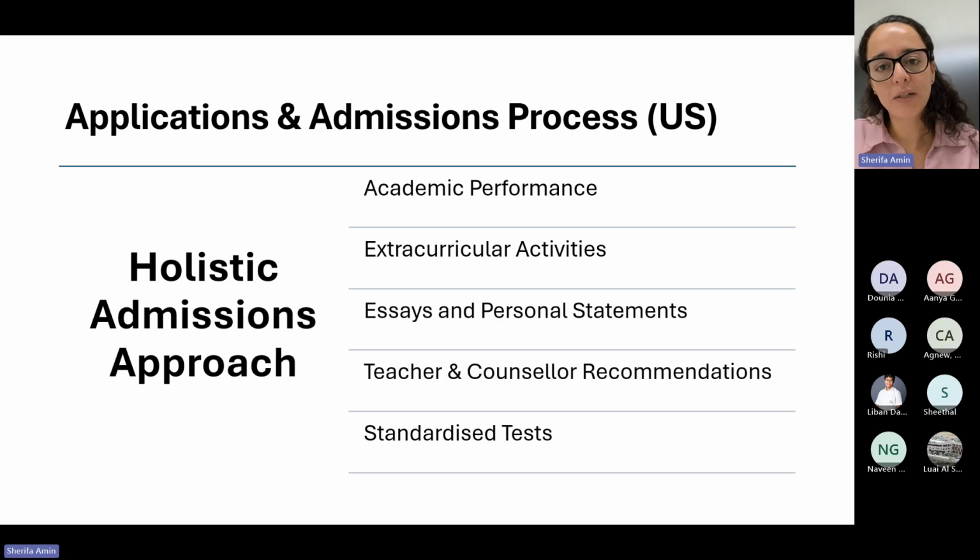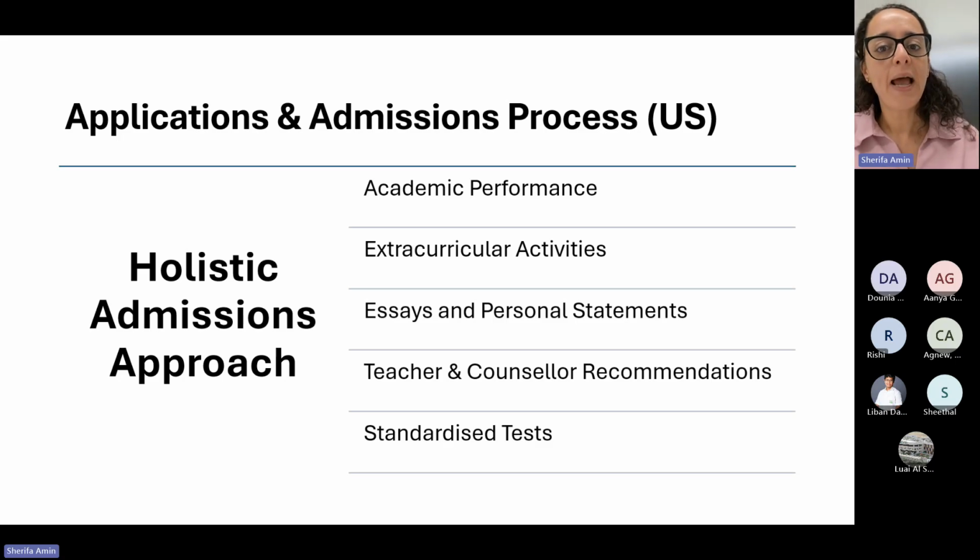Strong grades matter, but in the US, they're not the only factor. Universities also assess course rigor, and they understand what A levels are. They understand that A levels are challenging. And in some cases, students challenging themselves by taking the more difficult courses is an advantage to them.